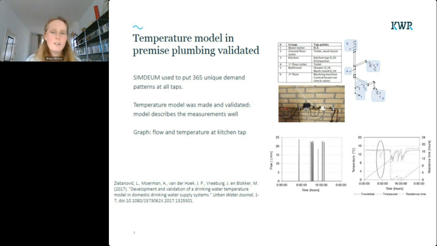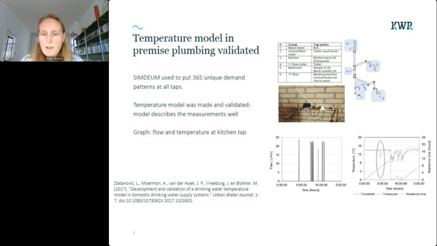the real system. This ran for 365 days with 365 unique days of demands. They were all different, and the temperature was modeled as well. In the lower right you can see the temperature results for the model and what was measured.